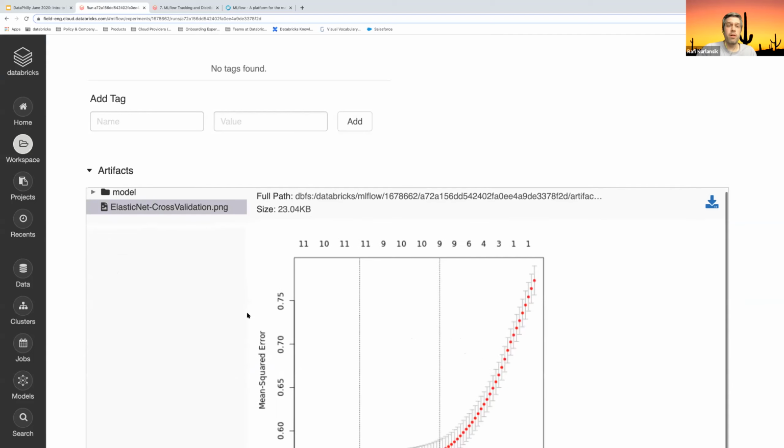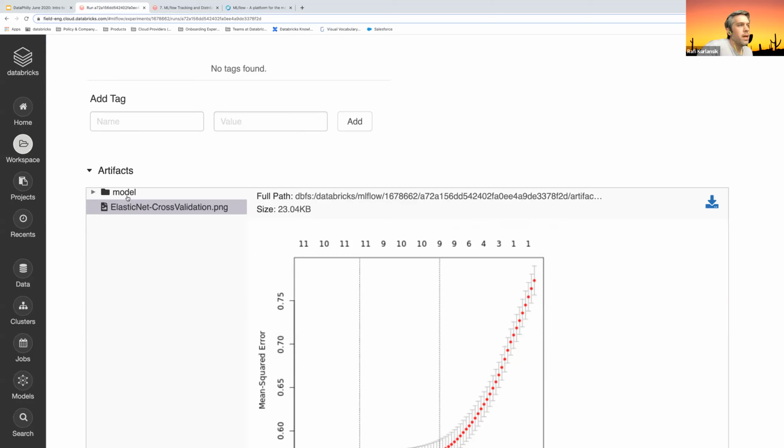This is the arbitrary artifact that we logged. You could do some really cool stuff with this. There are packages like Pandas Profiling that spit out a whole HTML document of the distributions and statistics of the data set you're working with. You could log that here every single time you train a model on that data set. So full HTML pages or all that kind of stuff.